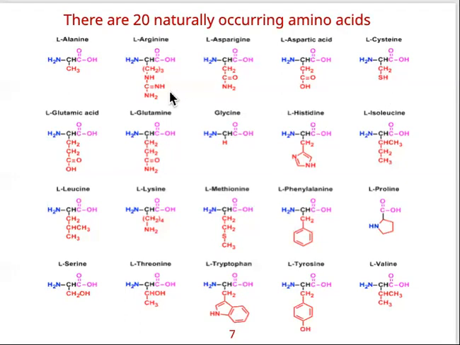And we also have glutamic acid, also known as glutamate. There's glutamine, glycine, histidine, isoleucine, leucine, lysine, methionine, phenylalanine, proline, serine, threonine, tryptophan, tyrosine, and valine.